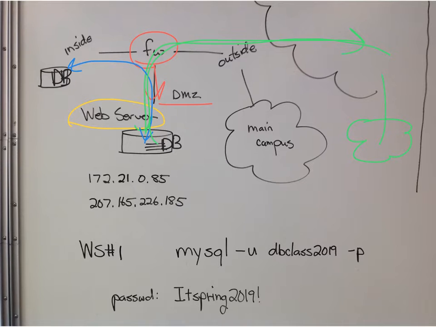We have a couple databases that we use. One of them is here. This is the internal address, and this is the public outside address. And then we have these connections here. We have main campus, the academic IT area, inside, outside, and DMZ.